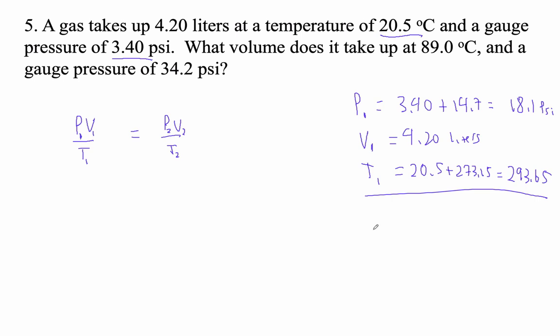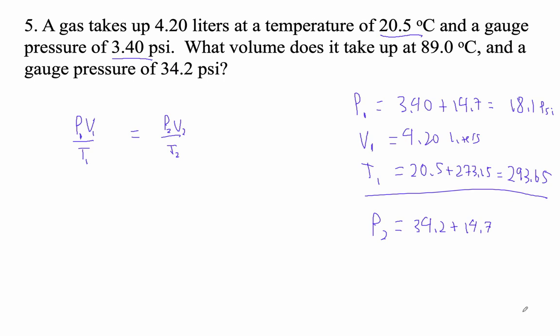And then our P2 is 34.2 more than an atmosphere, right? So if you want to do a text substitution, when somebody says gauge pressure, just say 3.4 more than an atmosphere, or 34.2 more than an atmosphere.